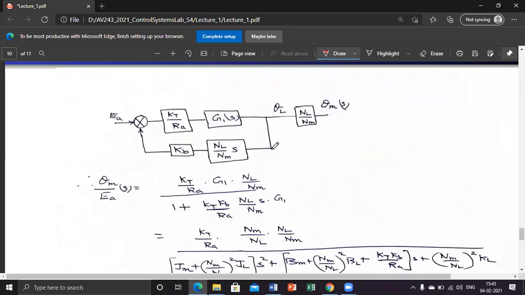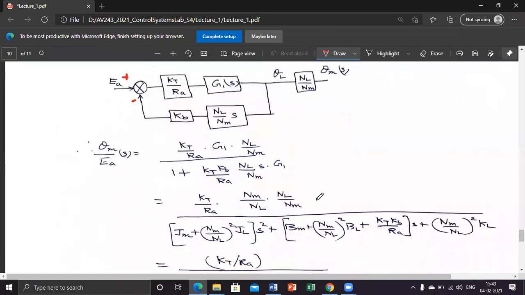In order to generate omega m, you have to multiply again by NL by Nm into S. Multiplication by S is nothing but differentiation. So theta L dot we will get first. Theta L dot into NL by Nm will give theta m dot, multiplied by KV. This is negative feedback. And likewise, we can complete the armature control system loop.